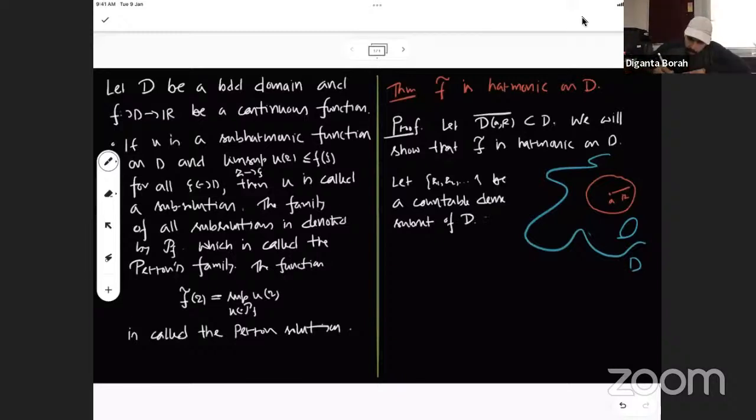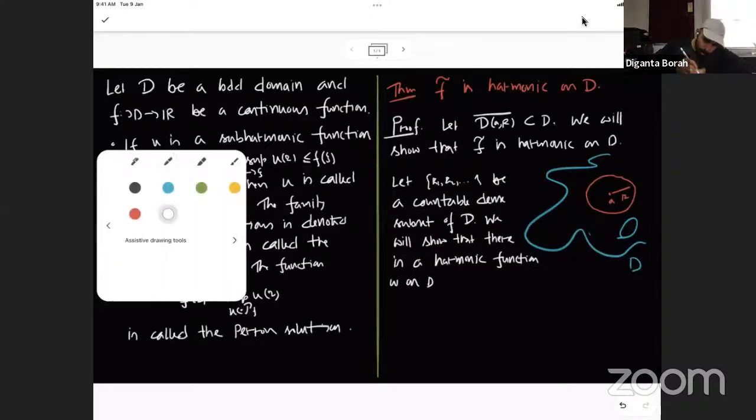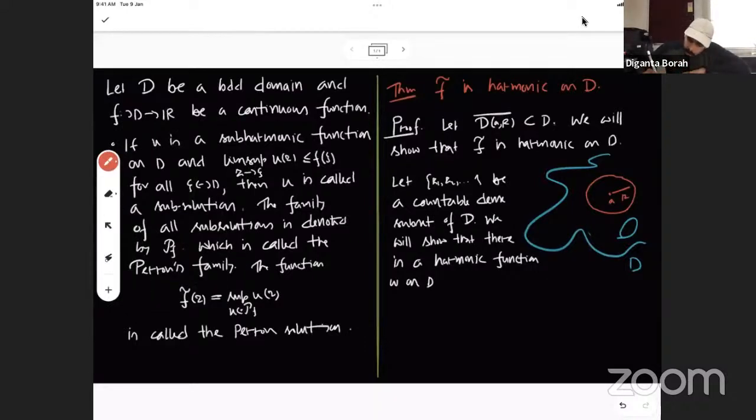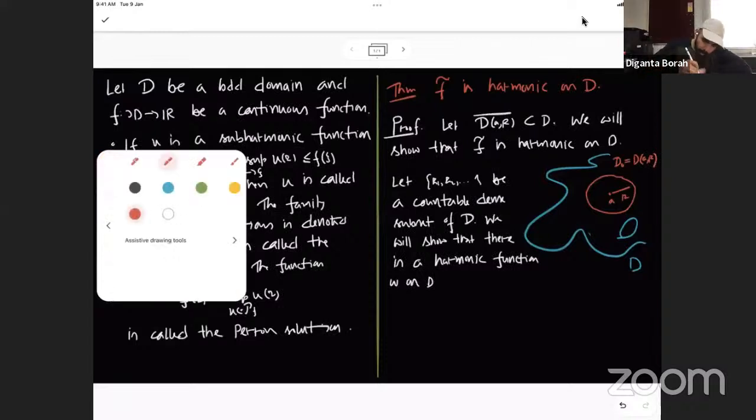And we'll show that there is a harmonic function W on the disk. So let's give a name. Let's call this disk D naught. So D naught is equal to D(a, r). Okay, this will simplify our notation.